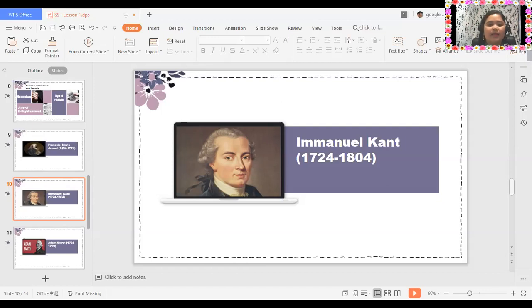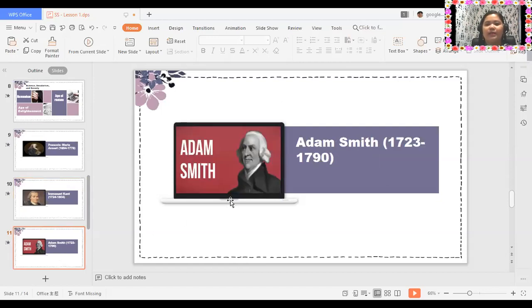Now, let's go to the next one, and this one is Adam Smith. Who is Adam Smith? He comes from Scotland and his work is The Wealth of Nations. He really believed that nations are wealthy, but it seems they were not managed well or were mismanaged.